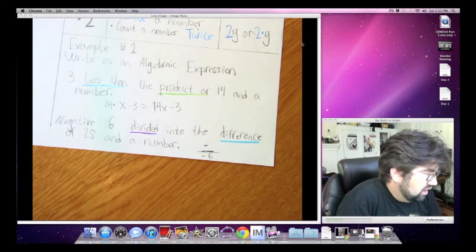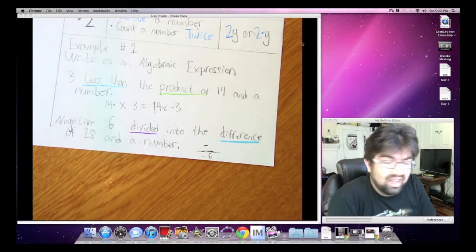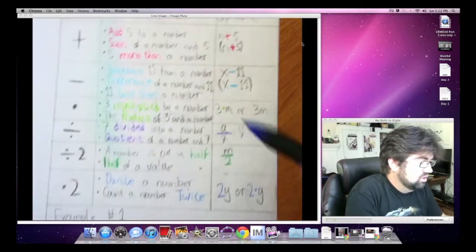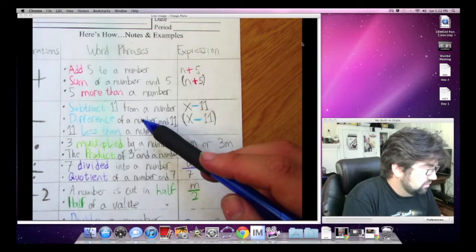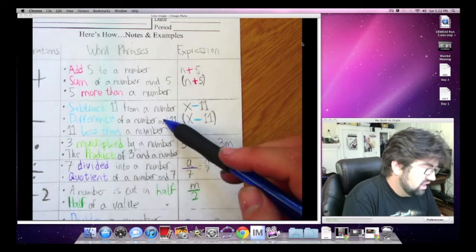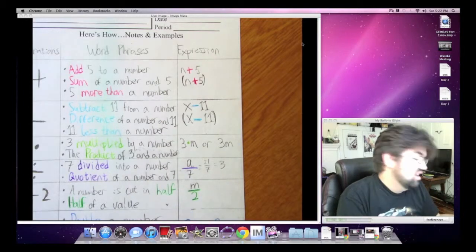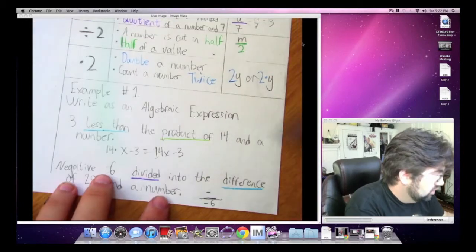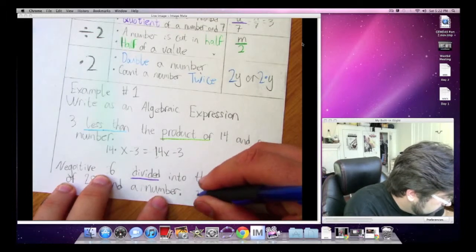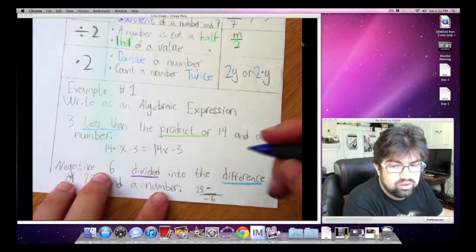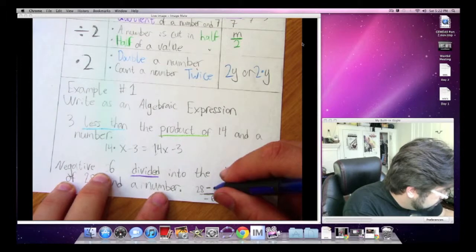The difference of 28 and a number. If I put difference of 28 and a number, then I've got to put 28 first, and then a number after that. So we're going to have 28 minus a number. Let's go with m.